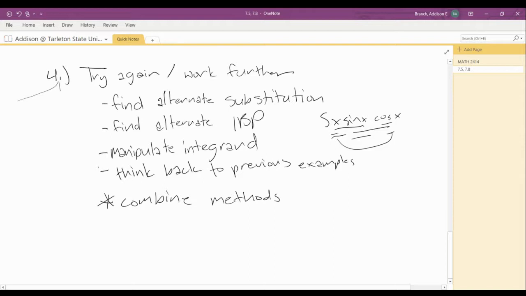But there are some functions out there that just don't integrate. So keep that in the back of your mind, but that's usually not something they will test you over or give you a ton of homework problems on. So it's important to know, but it's not that important for this course.